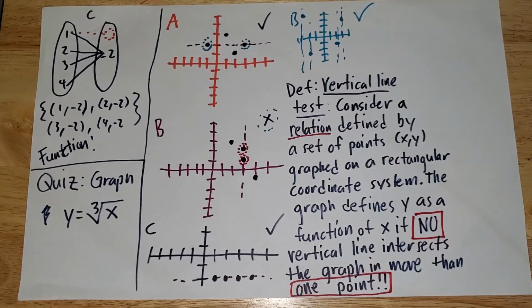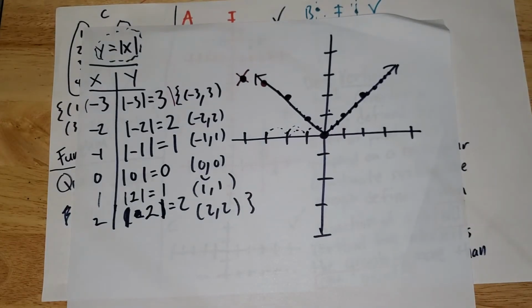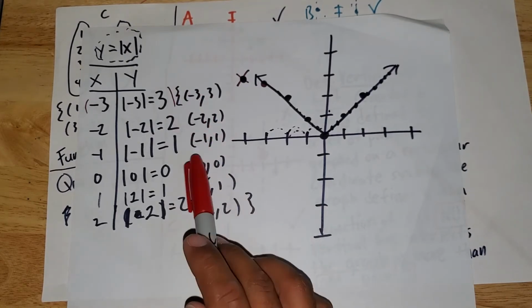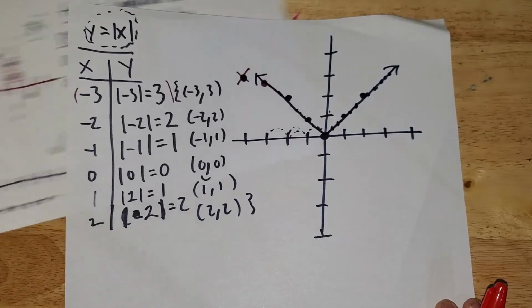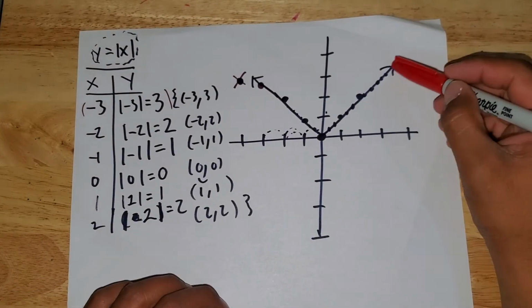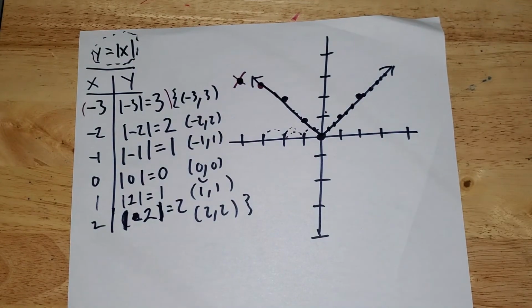If I'm looking at this equation here, how many ordered pairs are on this graph? There's an infinite amount. That means I'd literally have to check each one and make sure that none of these ever correspond to more than one. So what I could do, well, I know this graph goes in that direction forever, and in this direction forever.